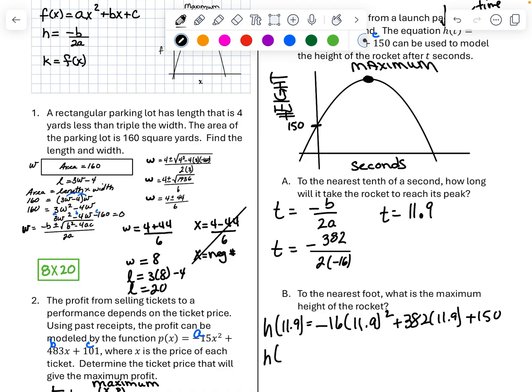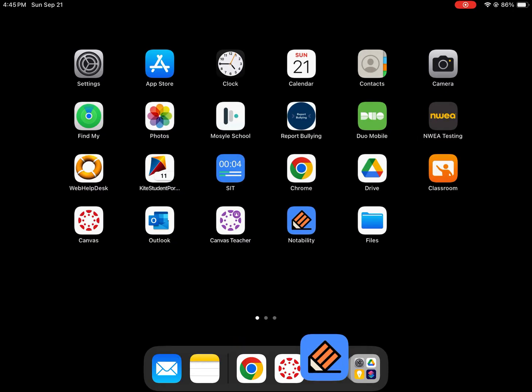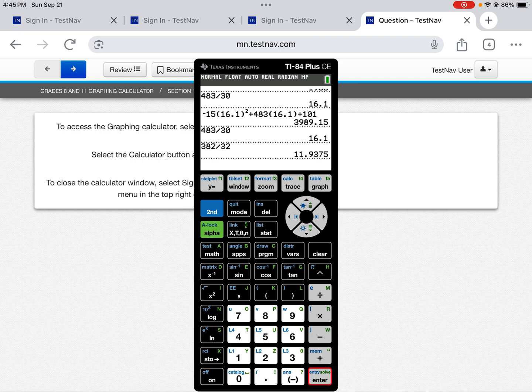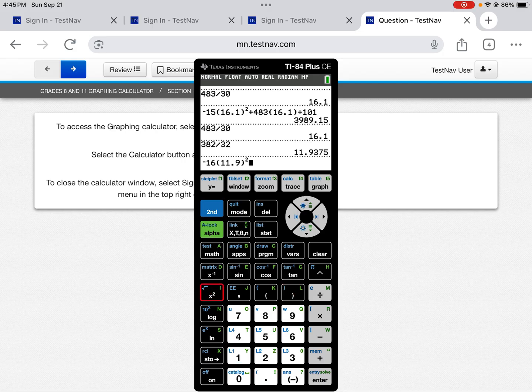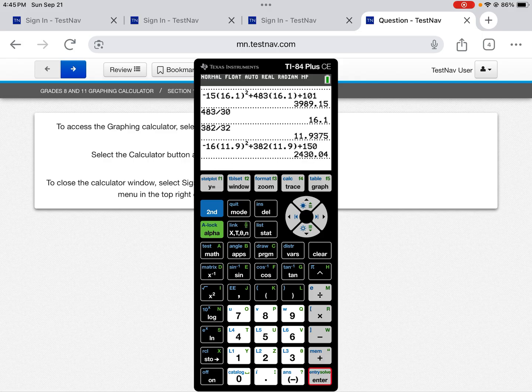Grab our calculator. And we are going to say negative 16 times 11.9, close it, square it, plus 382 times 11.9, close it, plus 150 equals 2430.04.